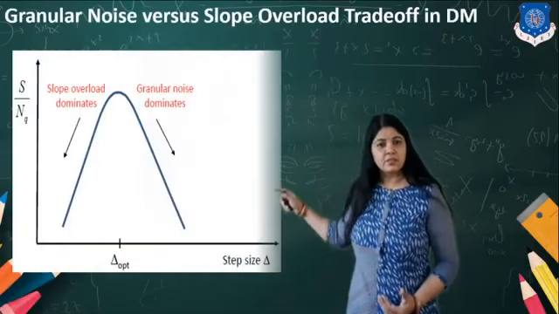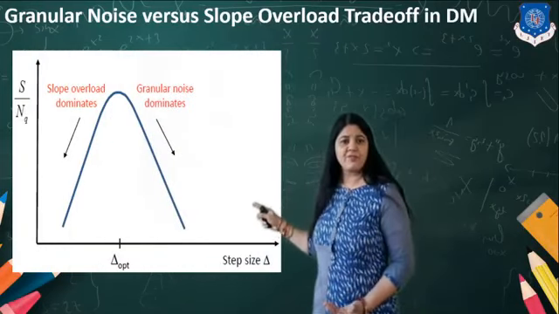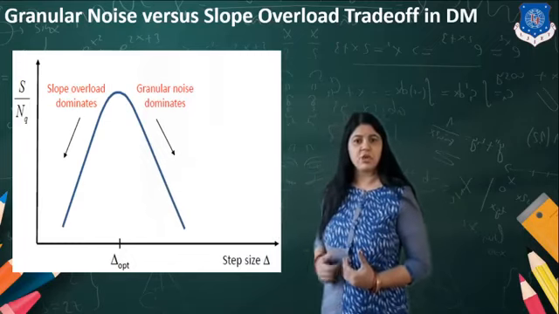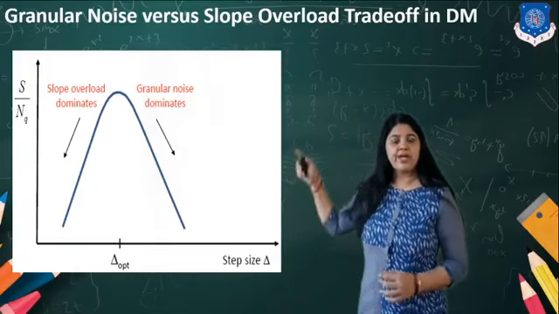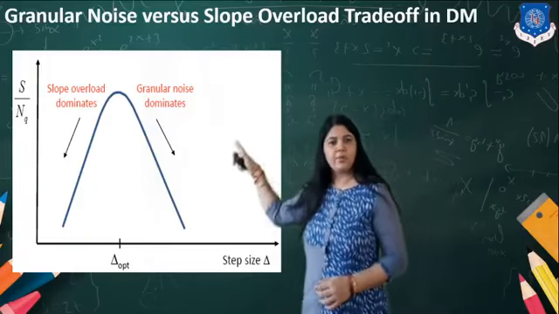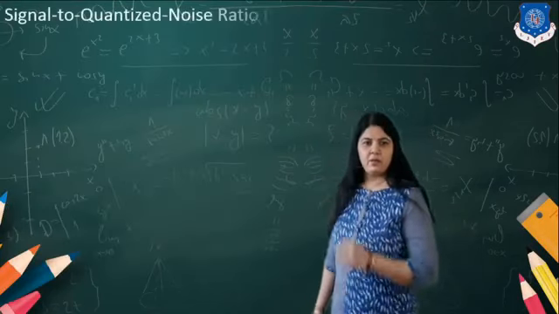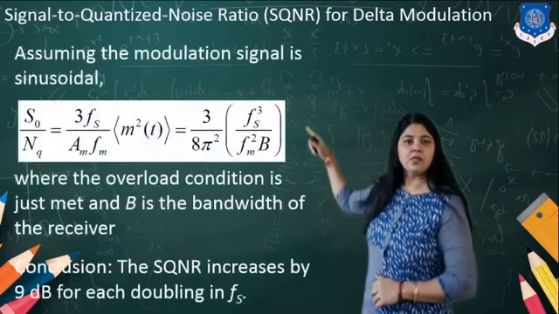So this is the graph of the signal to noise ratio against step size. While the slope overload dominates, we get this kind of diagram.